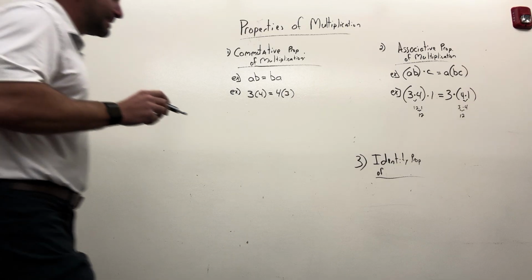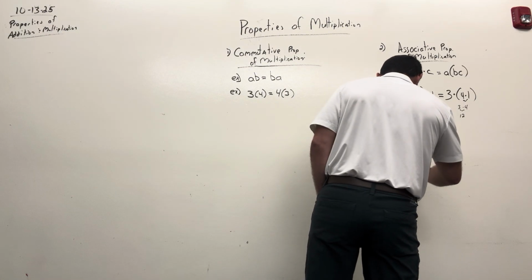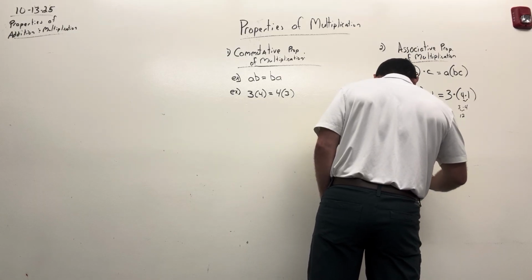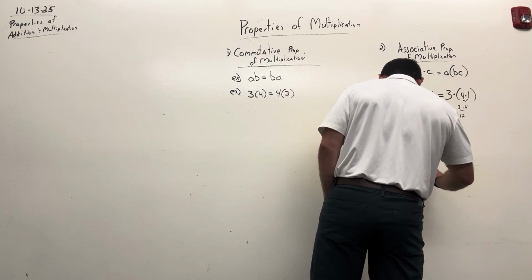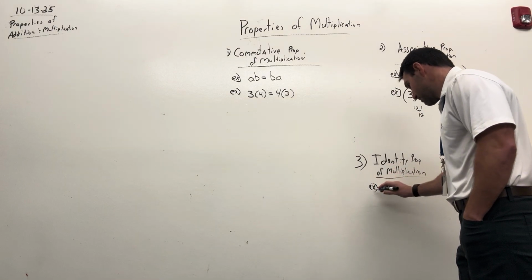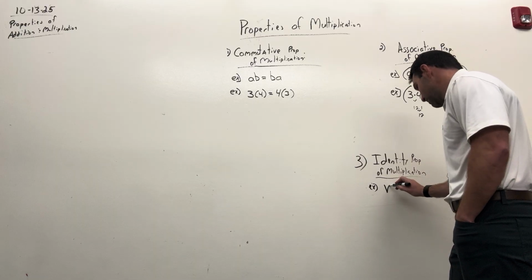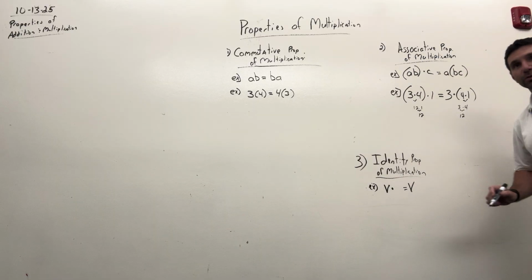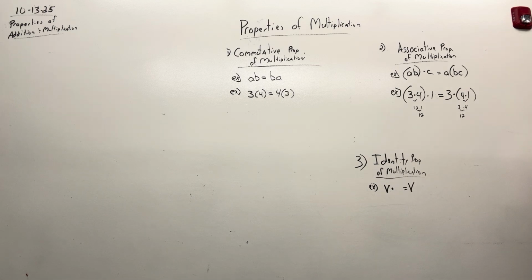Then we have the identity property of multiplication. Okay, this is where it changes a little bit. Victoria, you ready? So Victoria times something is still going to be Victoria. Zero? Well, what's, no, anything? One. Oh, there it is.